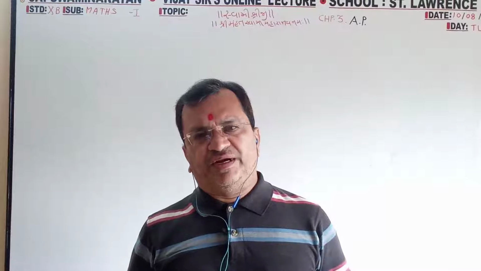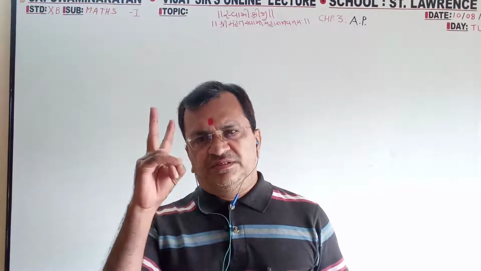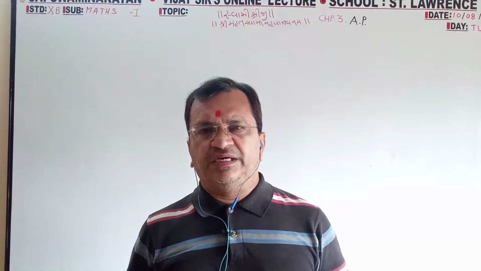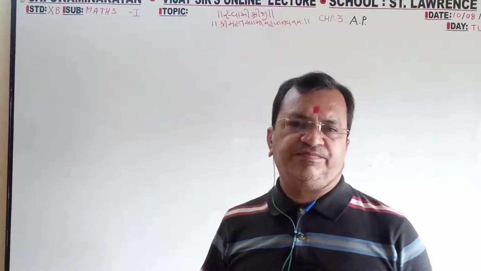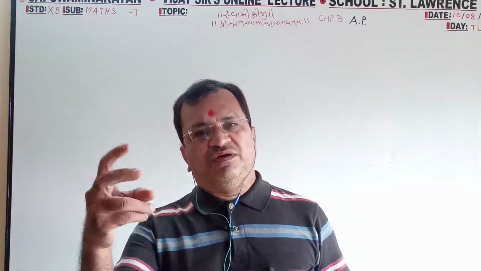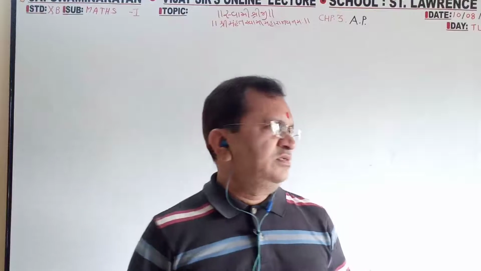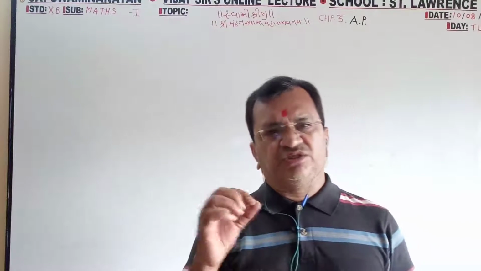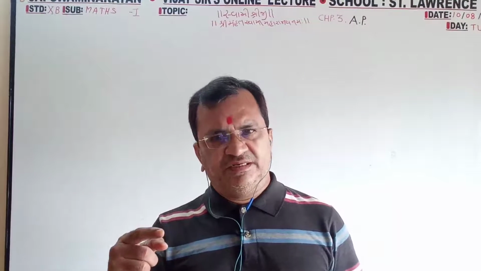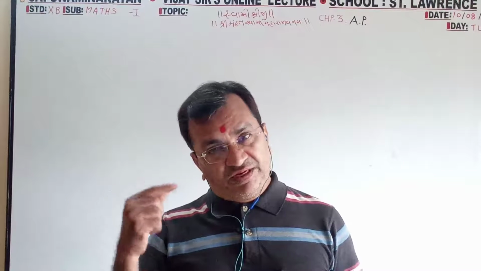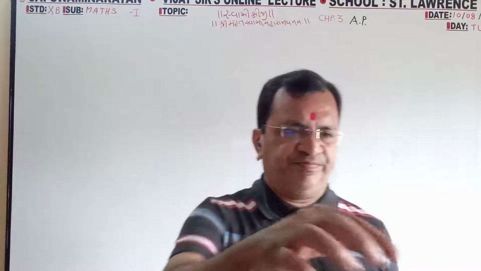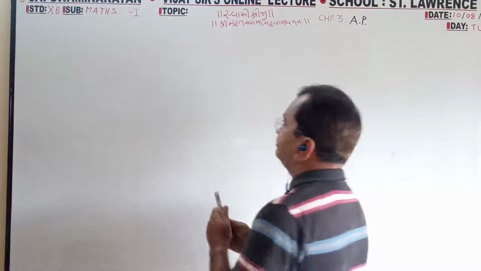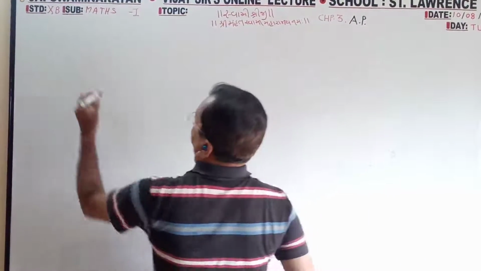First you have to find the difference, that is D1. Then find the second difference, D2. If both are equal, then go for the third. If both are not equal, directly write down it is not AP. If first and second are equal, then find the third. If all three are equal, write down AP. How? D for difference.